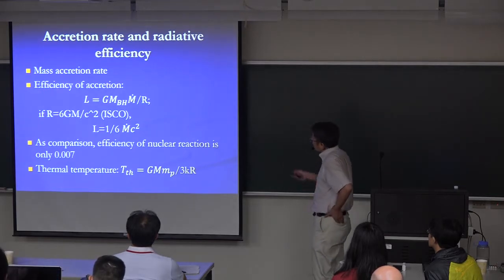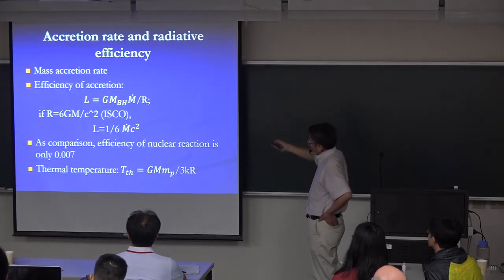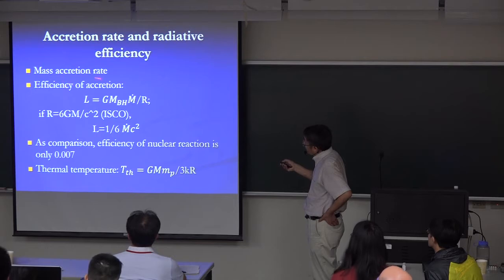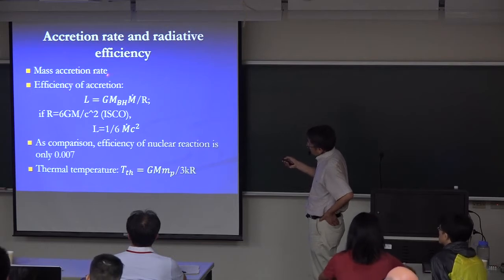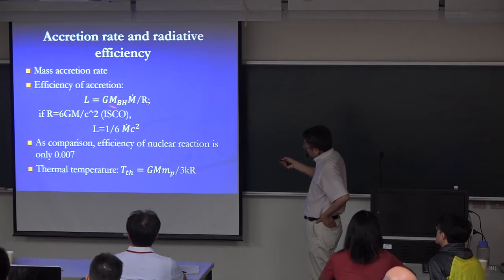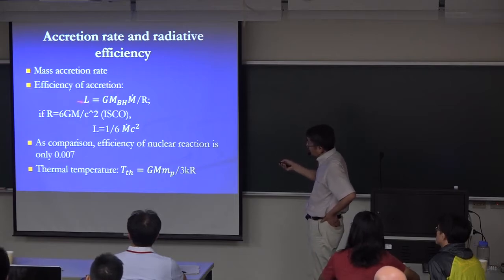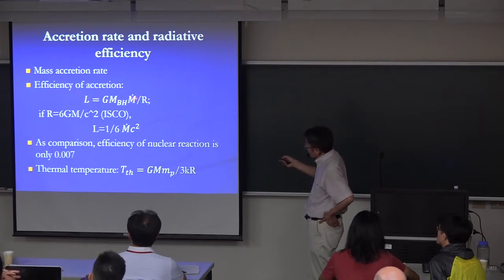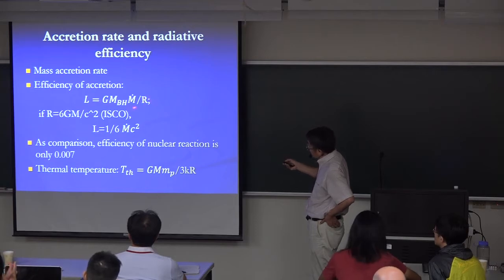Two important concepts are accretion rate and radiative efficiency. Accretion rate is very simple, I don't need to explain. The efficiency of accretion is usually defined in this way. This is the luminosity emitted by the total accretion flow, this is the accretion rate, and this is the radius of the innermost circular orbit of the accretion flow.